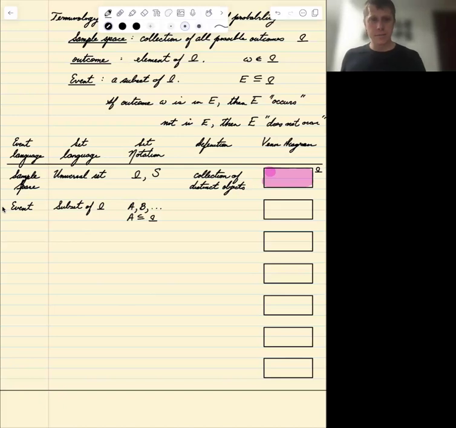By definition, we can draw, let's say, some area inside of omega, call it A. And the event is the stuff that's inside of that A.